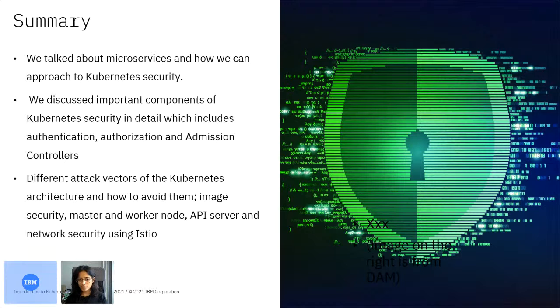We also talked about different attack vectors on the architecture and how we can avoid or address them. We talked about container image security, the master and worker node security, and API server security, where we covered best practices. At last we talked about network security, and we mentioned Istio.